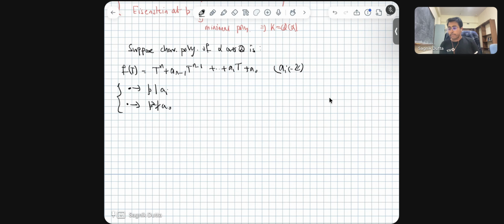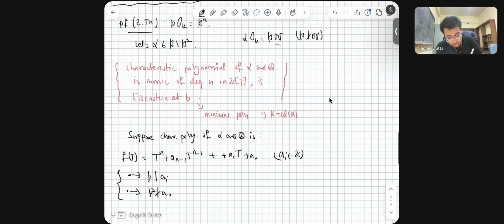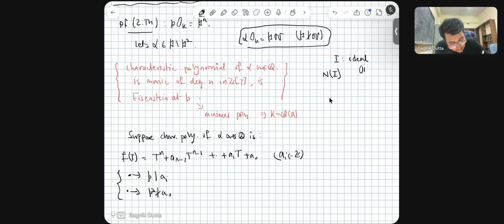Now we have this, right? So what we can do is take the ideal norm on both sides. For an ideal I, the ideal norm is just the cardinality of the quotient ring.